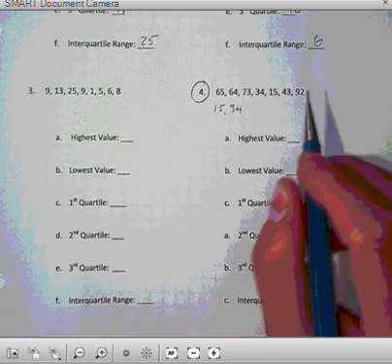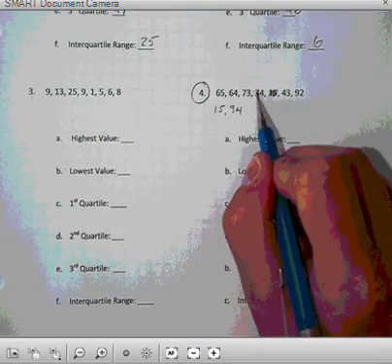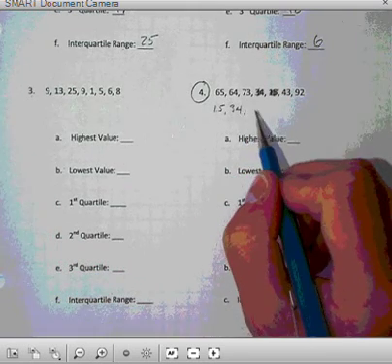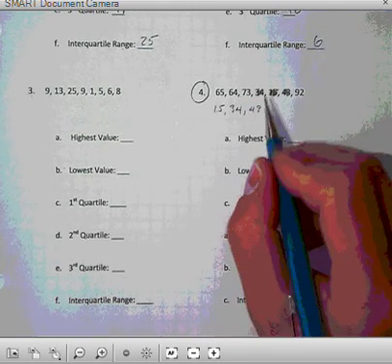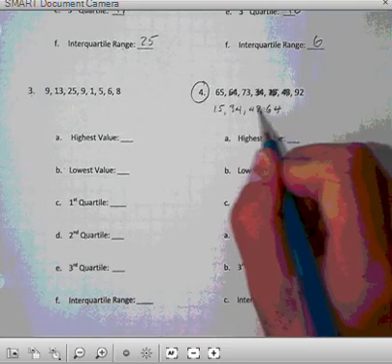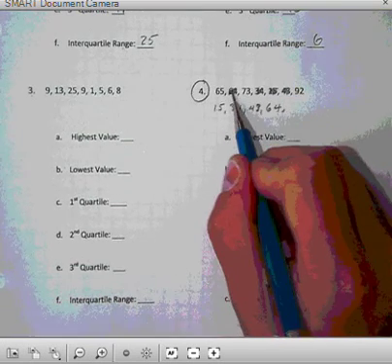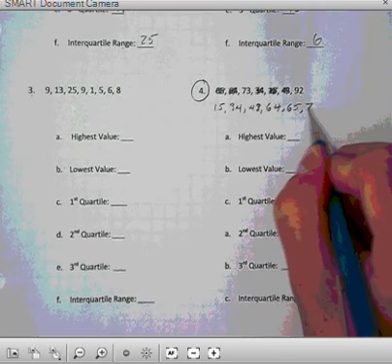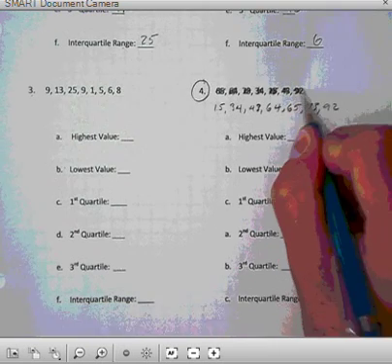So the way that I do this is I always cross off as I go along, because I always kind of forget one of the numbers. So like 43, and then I'm looking here, 64. And then you've got 65 right there, 73, and then our last one there is 92.